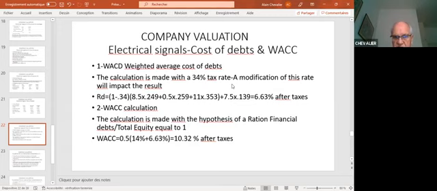We have two steps here, 1 and 2 of this slide, and this was the goal we wanted to reach in this second step of the case. Okay, so let's have a look first at the weighted average cost of debt.